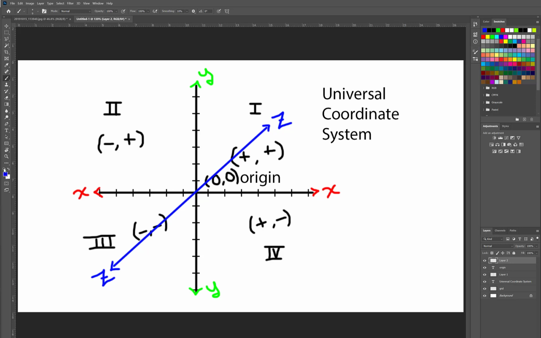At this point, instead of writing any coordinate point as x, y, I will write them as x, y, z.